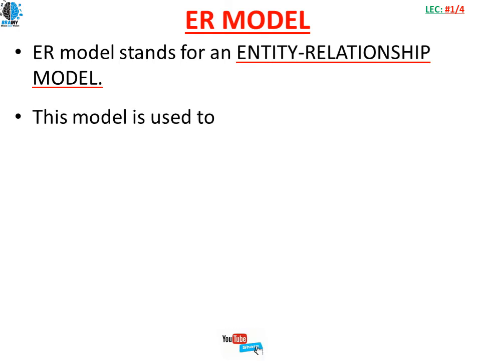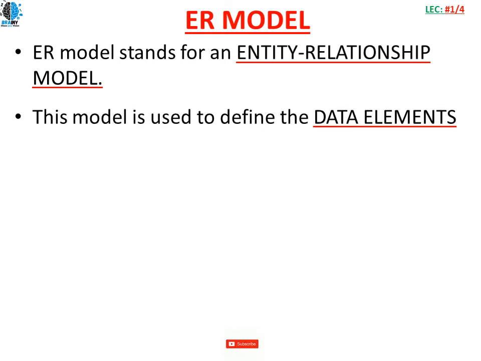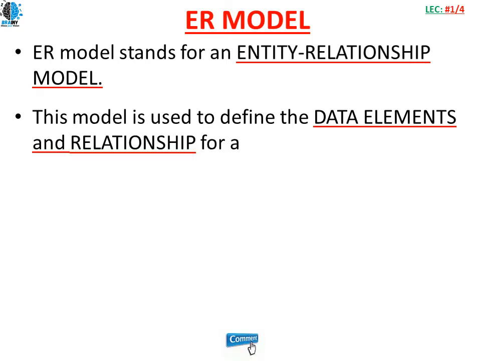So this model is used to define the data elements and their relationship for a specific system. For example, I have some production company. In that production company, I will be having different departments and different data elements. How these data elements will be communicating among themselves will be specified in our database model.